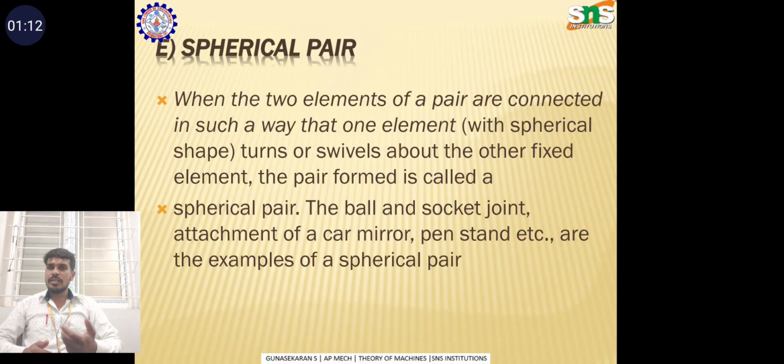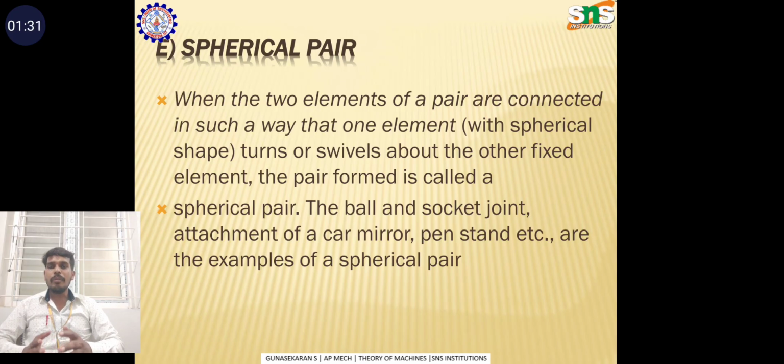An example of a spherical pair is the ball and socket joint, like the human hip joint, where the ball fits into the socket, allowing the ball to rotate in all directions within the socket.